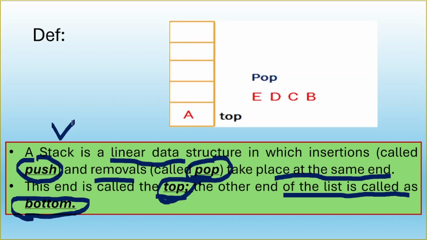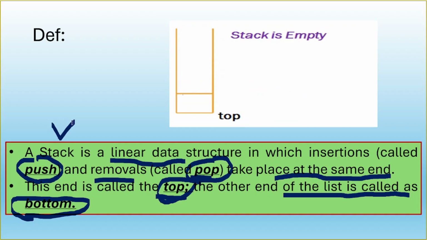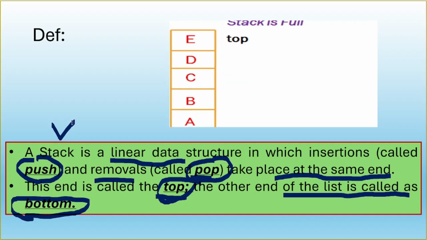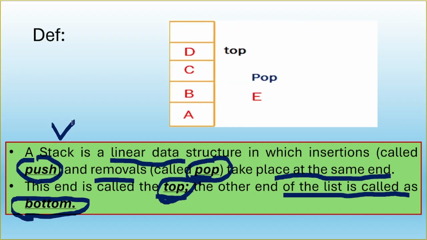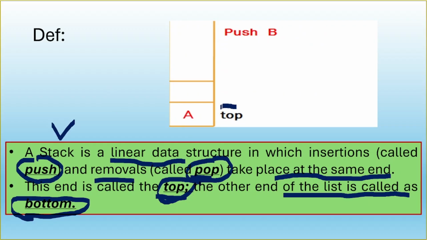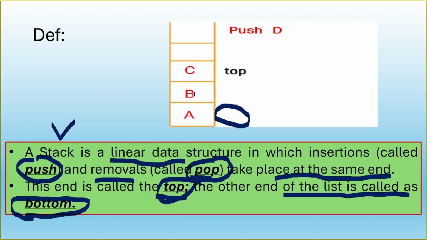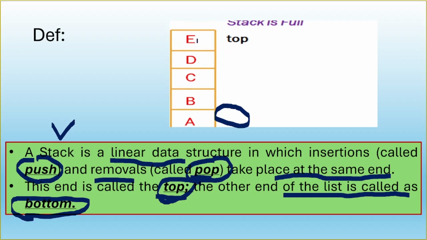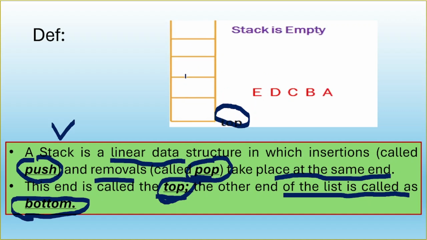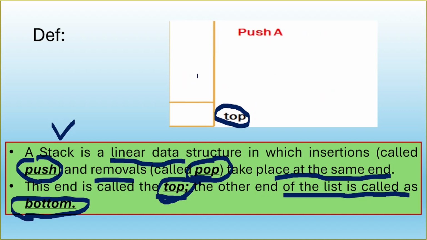So here you can see, assuming that initially the stack is empty, now we are pushing various elements into the stack. As soon as we push elements into the stack, the top of the stack changes. Now you can see here, when we perform the first push operation, the top is increased by 1, and then we have one element A, then B, then C, then D, and then E. When the stack becomes full and we want to perform one more push operation, we cannot, because the stack in that case is full.